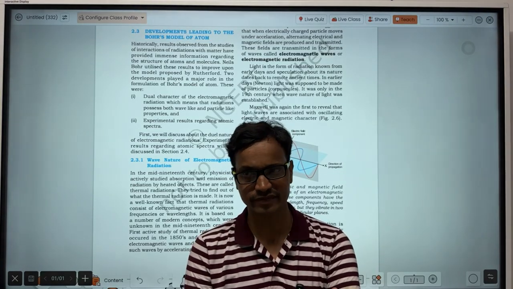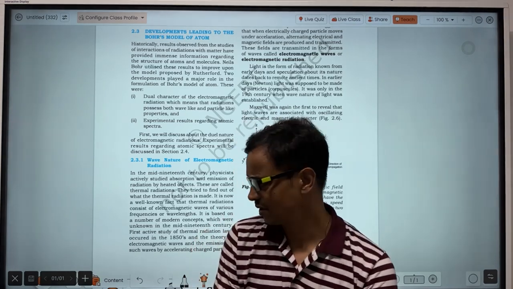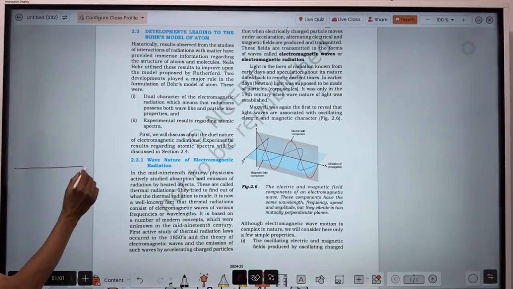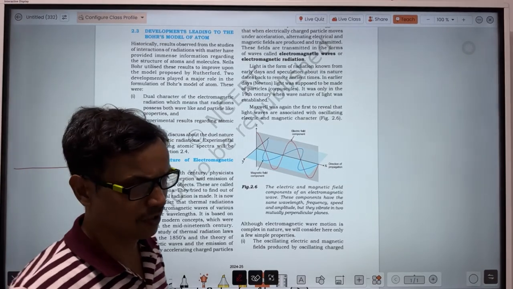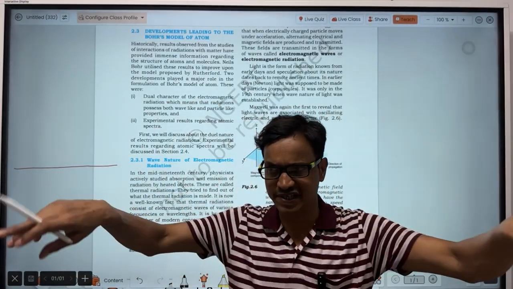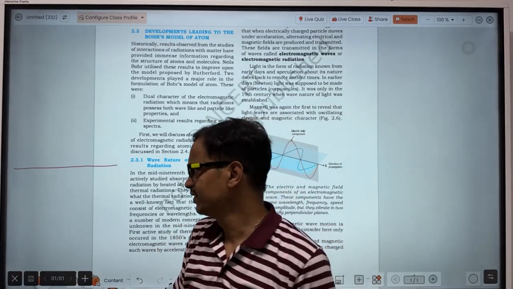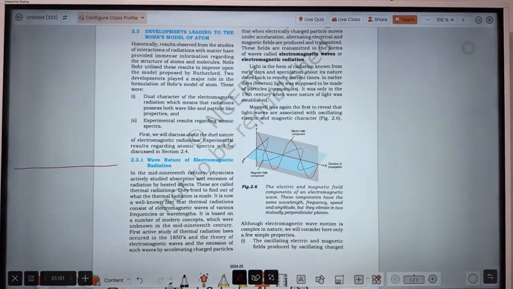Like in a pond, when you are watching the surface, if the pond is calm, there are no waves, no disturbance. If anyone throws a stone into it, what happens?